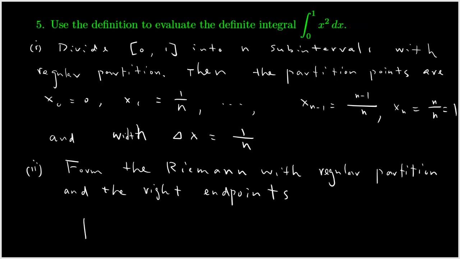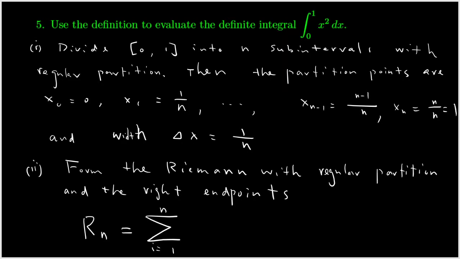So this time I'm just repeating what I did earlier. This time I'm going to use the summation notation, instead of using the dot dot dot notation. So Rn in terms of the summation notation is the sum, the general form, i from 1 to n.